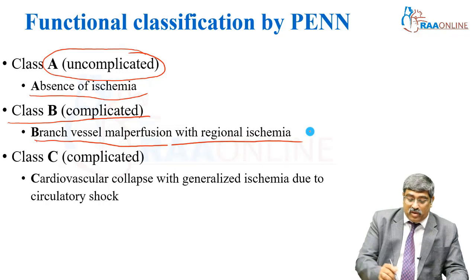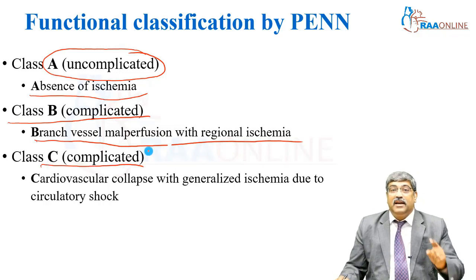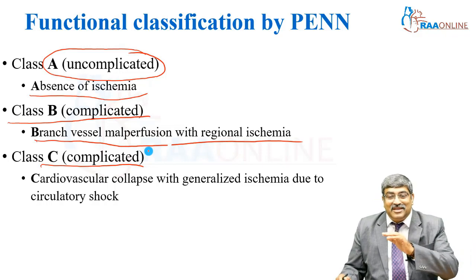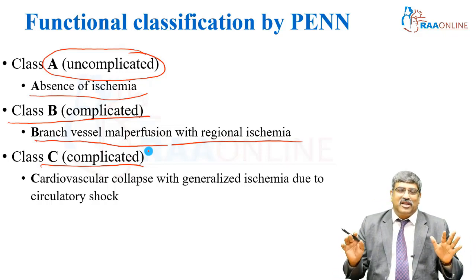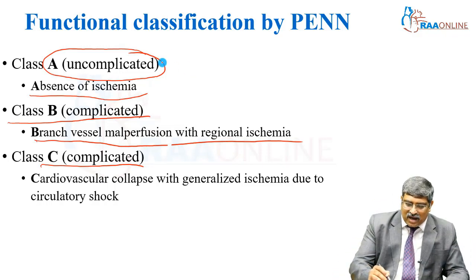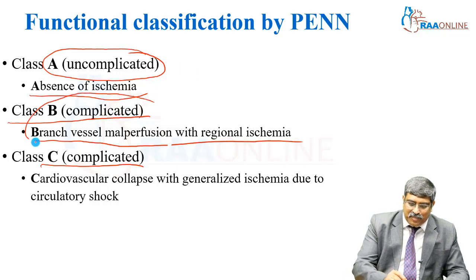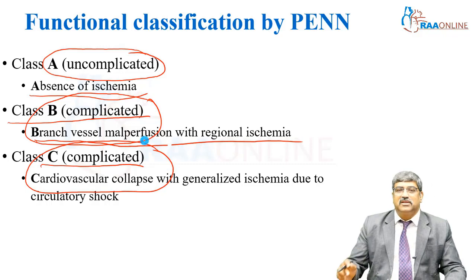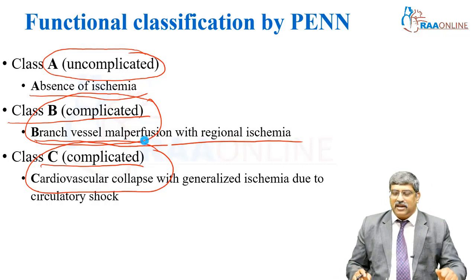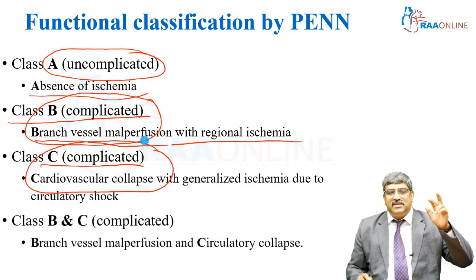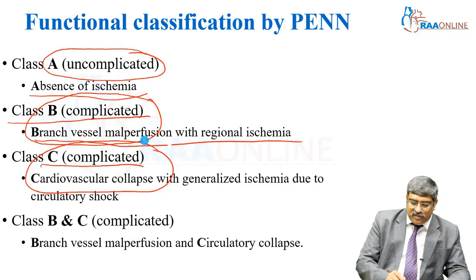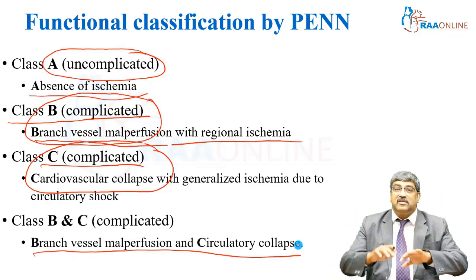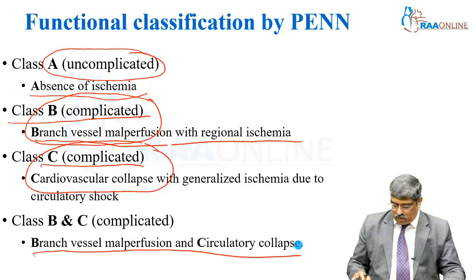Class C is more dangerous. It is more complicated and C stands for cardiovascular collapse with generalized ischemia due to circulatory shock. So, A is uncomplicated, B is branch vessel malperfusion and C is cardiovascular collapse. This is the functional classification by Penn, and there is also a class B and C which includes both branch vessel malperfusion as well as circulatory collapse.